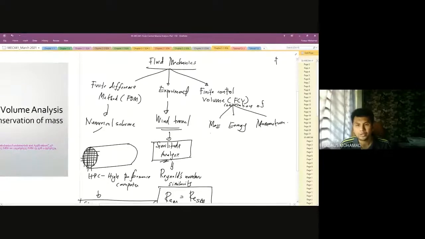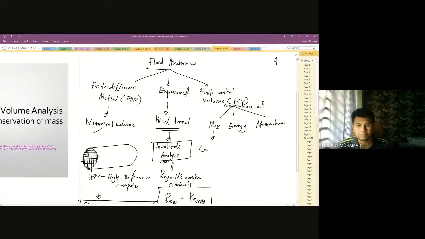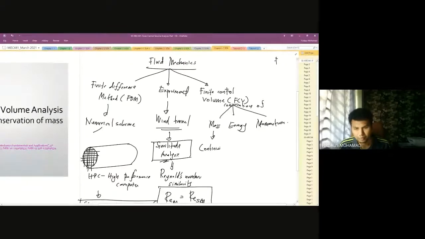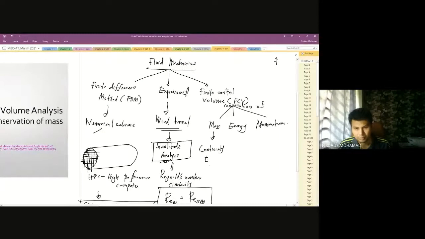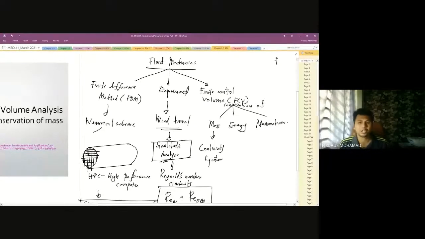Conservation of mass, nickname dia adalah continuity equation. For conservation of momentum, we use momentum based on first Newton's law, second Newton's law, and then third Newton's law. We use that type of law in order to derive the linear momentum equation.